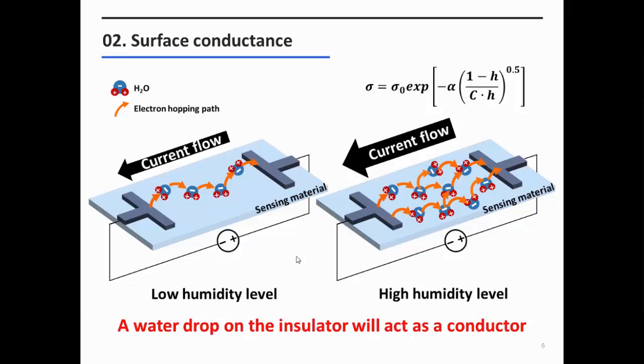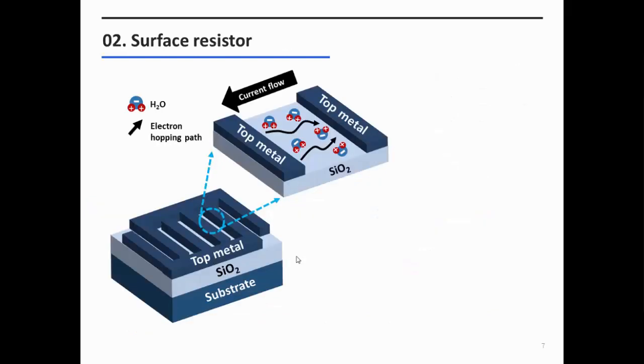Using this property, we can implement the surface resistor. The surface resistor using surface conductance is produced in such a manner. And we use the top metal of the fabricated chip as two electrodes and measure the relative humidity by measuring the surface conductance of SiO2.